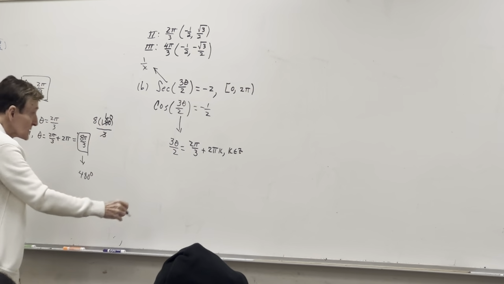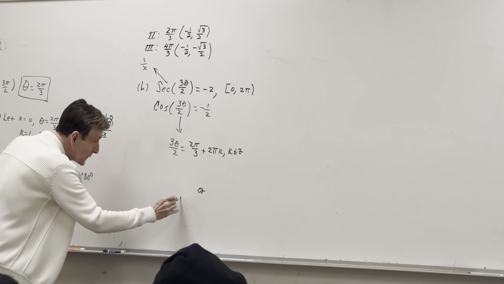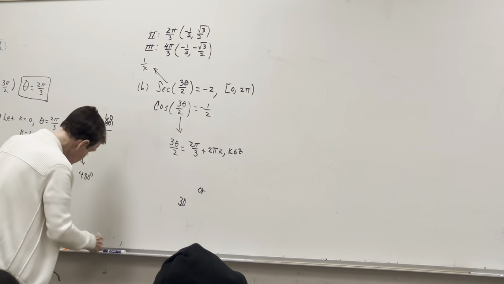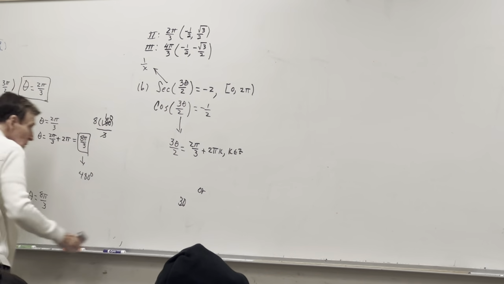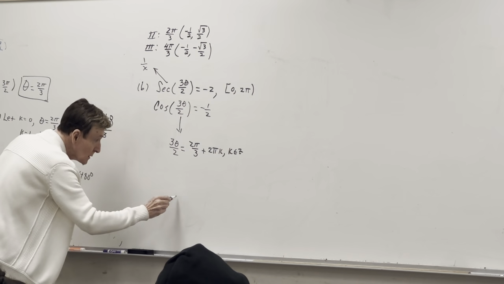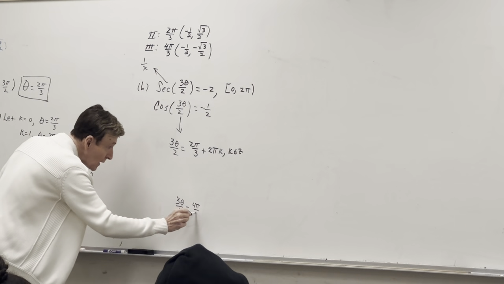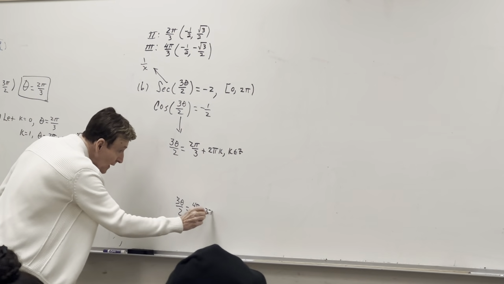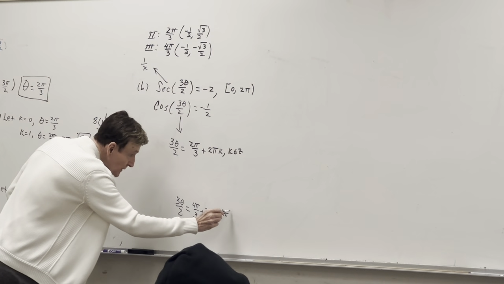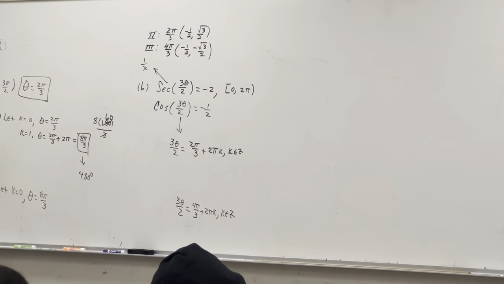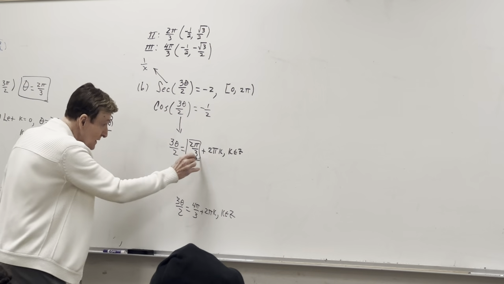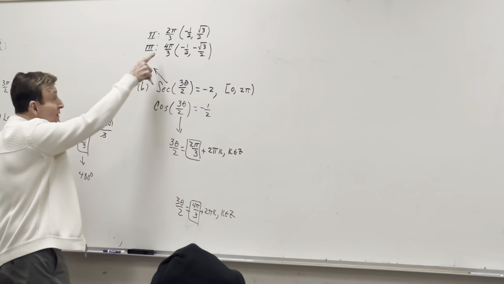Or 3 theta over 2 in that problem could be representing the other angle, 4 pi over 3 plus 2 pi k, k is an element of the integers. Okay, looks like 2 pi over 3 was used in that last one. Would you guys agree? So it could be this, representing this, or it could be this, based on that up there.